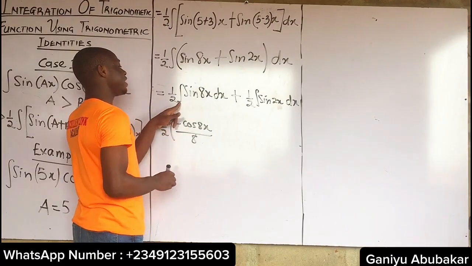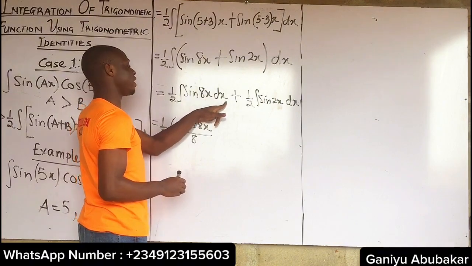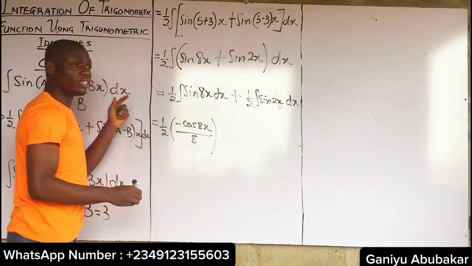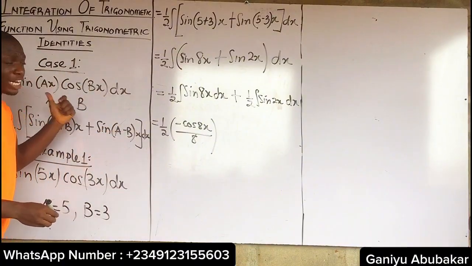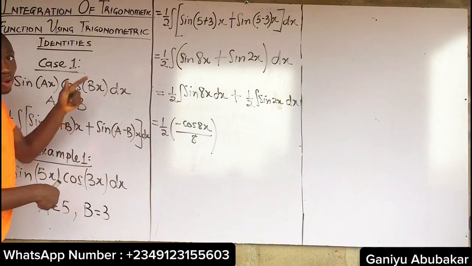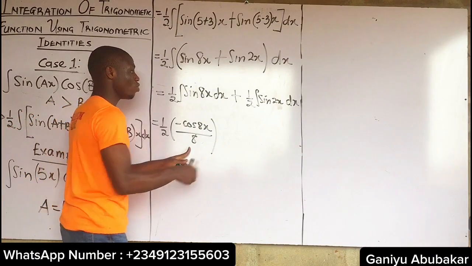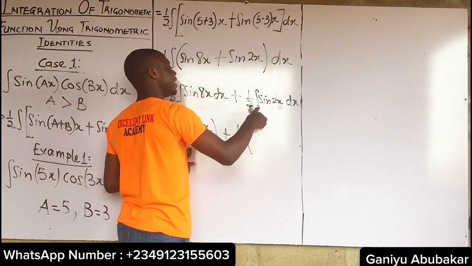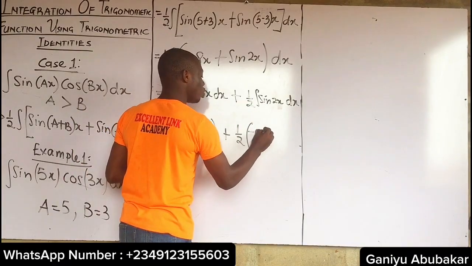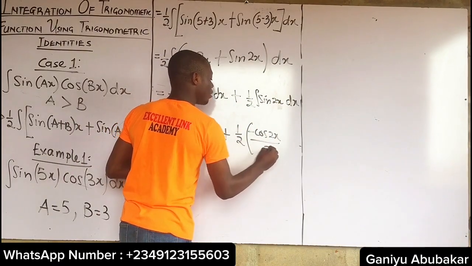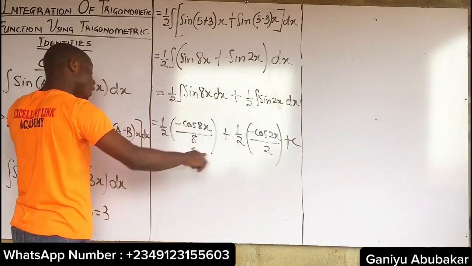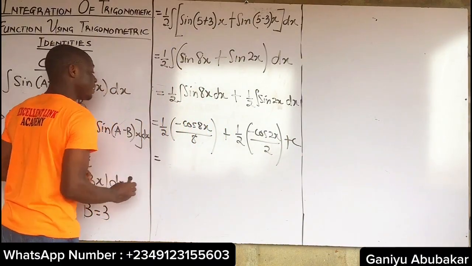So if I integrate sine 8x with respect to x, I'll have minus cos 8x over 8, as we discussed earlier when I showed the shortcut for sine and cos. Plus 1/2 times integrate sine 2x, I'll have minus cos 2x all over 2. Next up, plus c.